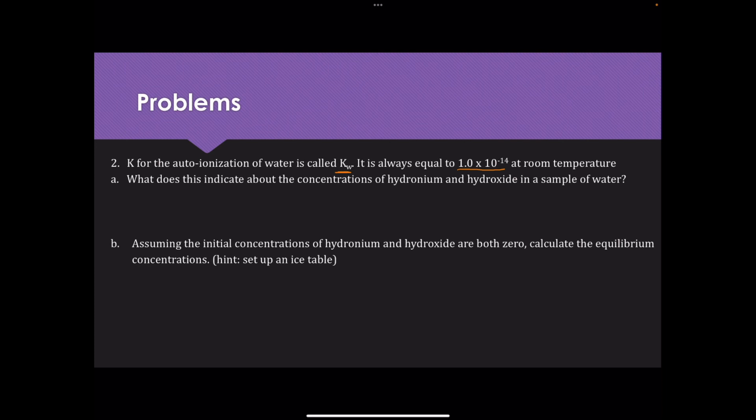My K here is going to be very small. 10 to the negative 14th is a small K. If we have a small K, remember that our equilibrium favors our reactants. And when that's the case, that means that at equilibrium, we have very few products. And so that means we would expect the concentrations of those products, the hydronium and the hydroxide, to be very small.